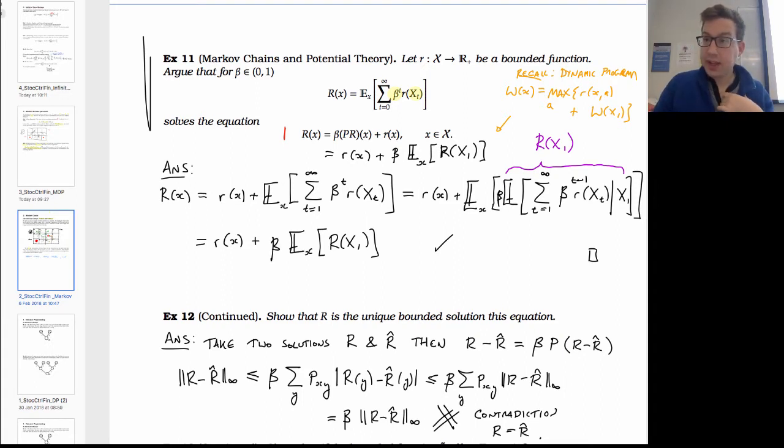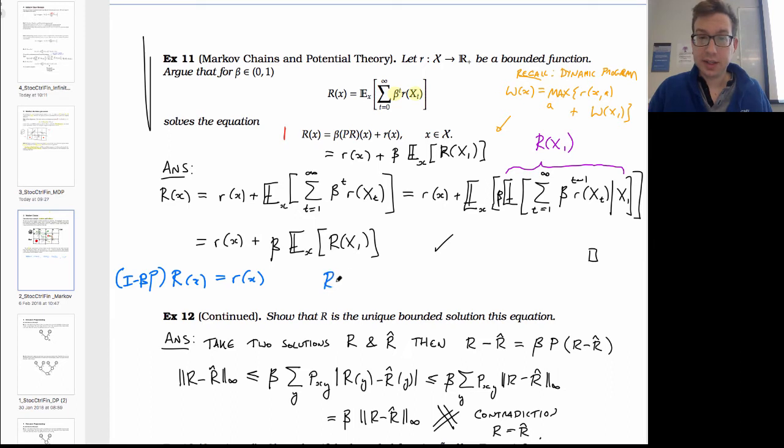What I'm saying here, and I'll write this down later in your notes as well, so don't worry too much about writing now, is that I minus beta P, applied to R of x, is equal to little r of x.